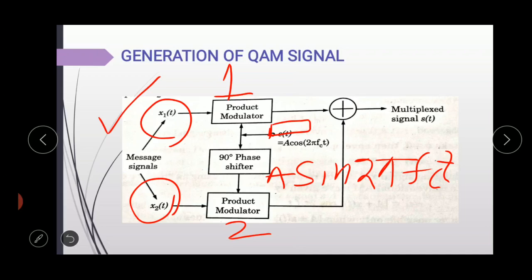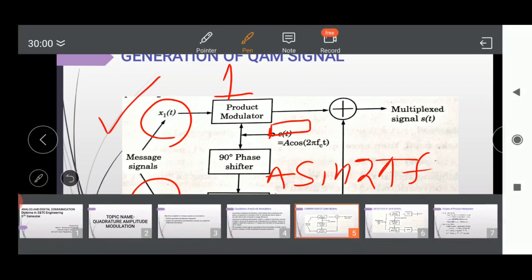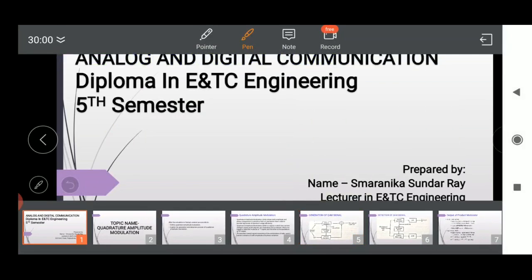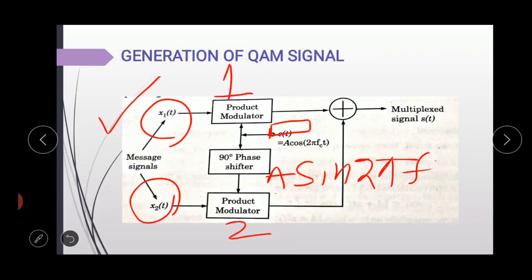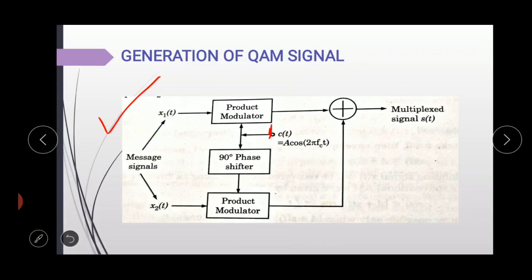The product modulator 1 with the carrier from the local oscillator forms the in channel. This path is known as the in channel or in phase channel.